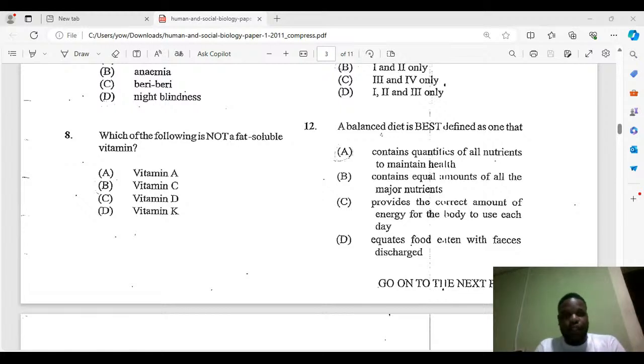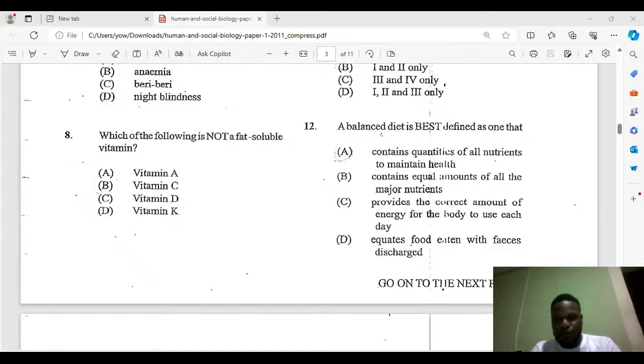So you need to know the water soluble vitamins. The water soluble vitamins are vitamin C and B. Therefore, A, D, E, and K are fat soluble. So ADEK is fat soluble, all right?